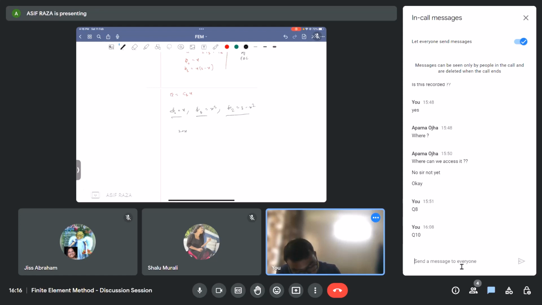I'll erase this one, this is not needed. So we have C1 x times 1 minus x plus phi naught, which is x. This is my U hat. This is what we want to find. For this we need to find C1.